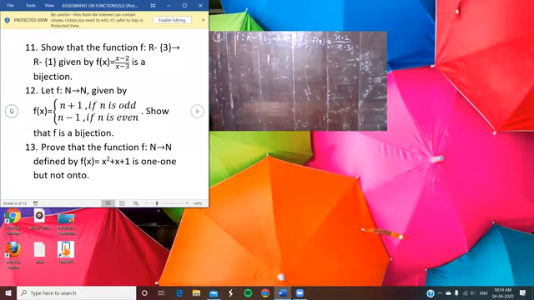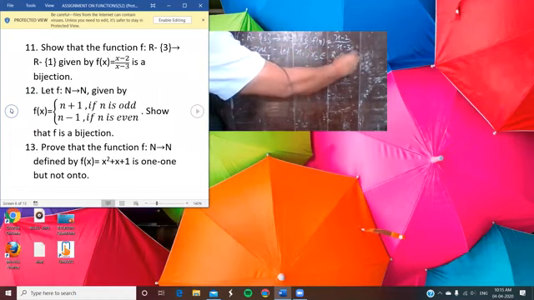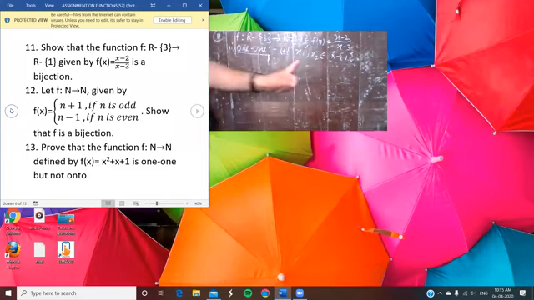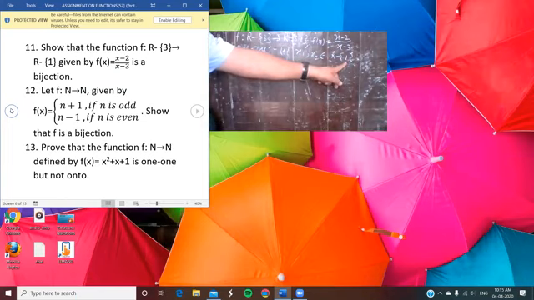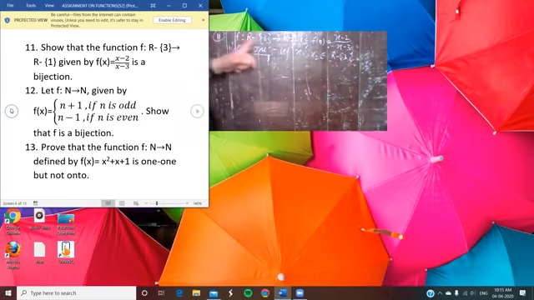First of all, you have to prove it is a one-one function. In the first part, you have to take two distinct elements from the domain. So just write it: let x1, x2 belong to R minus 3. Distinct elements are always taken from the domain of the function. Here R minus 3 is its domain and R minus 1 is its codomain.